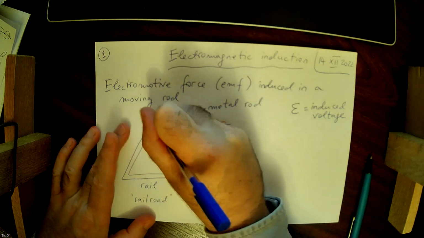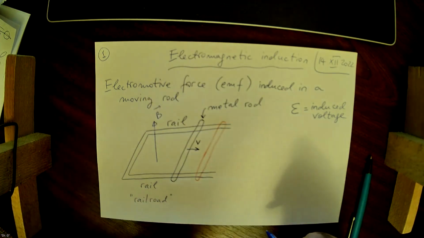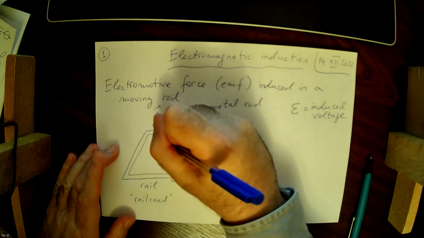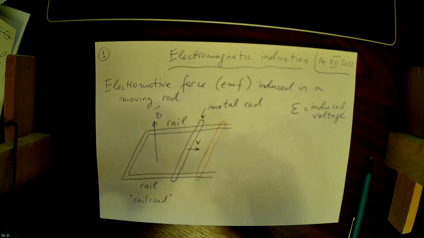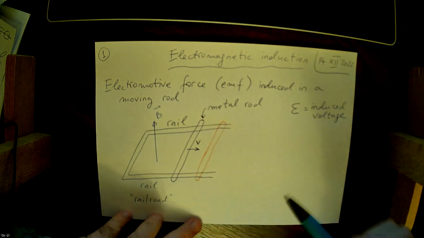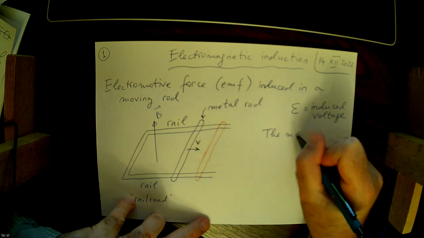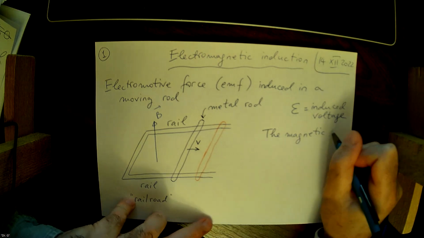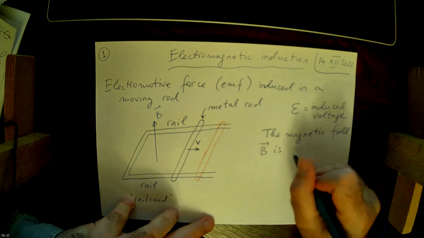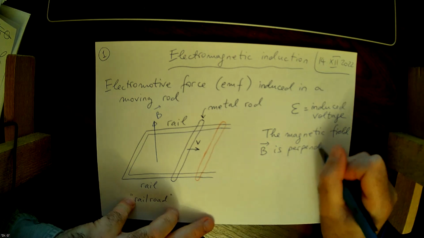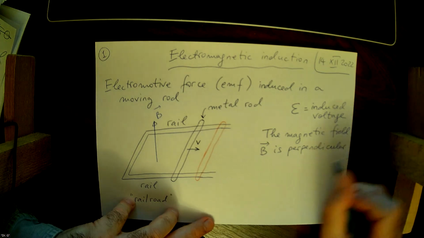Let's say the magnetic field B is pointing up, perpendicular to the plane of the rails.